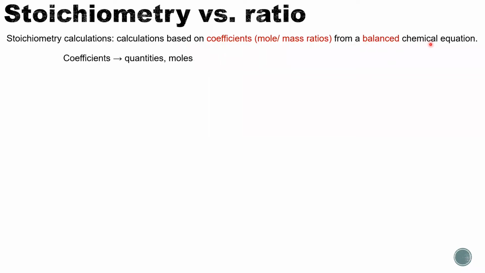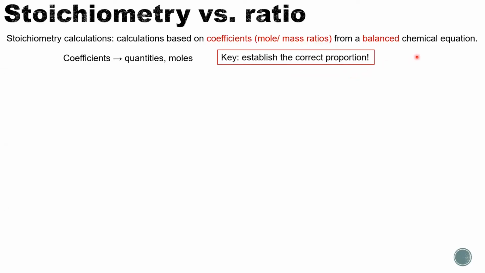You can treat all the coefficients as indicating some type of quantities, either moles or number of molecules or number of substance, something like that. And the key to solving these stoichiometry calculations is doing the math of the ratios, to establish the correct proportion.